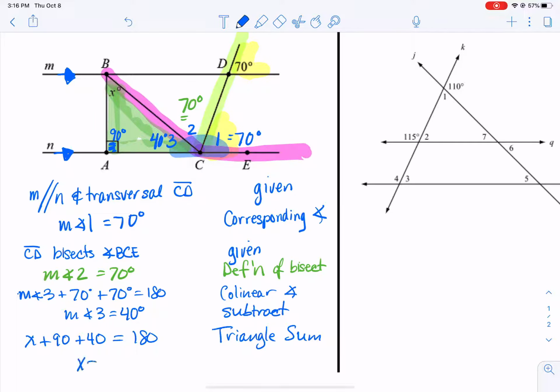So now I know that x equals 50 degrees by subtraction. So we started way over here with angle 1, and we worked our way around using the different properties that we've discussed so far to identify x.